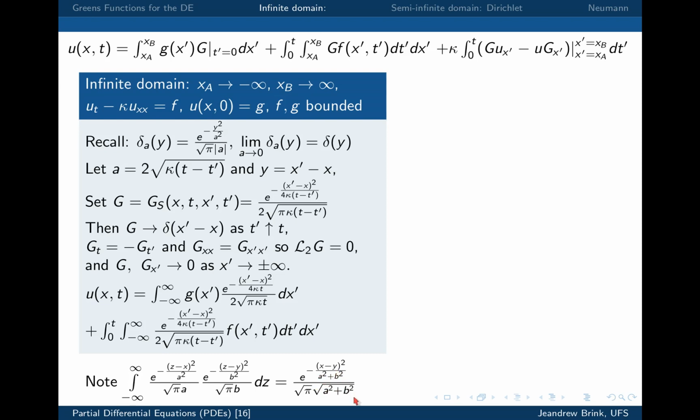So if I have a spiky Gaussian and I'm convolving it with an unspiky one, I sort of get one in between.